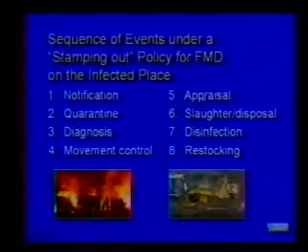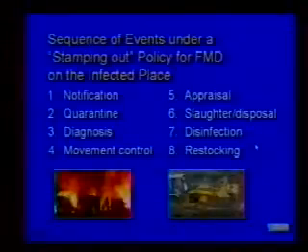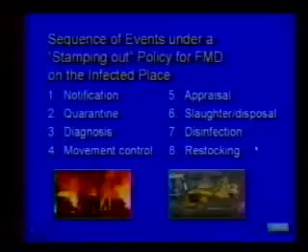On the individual farm, the animals are appraised for their value, they are then slaughtered and disposed of, and then the farm itself is disinfected, and some months later restocking is allowed, and usually sentinel animals, in other words, animals to see if there is existing infection somewhere on the farm. Sentinel animals are usually put on first of all.